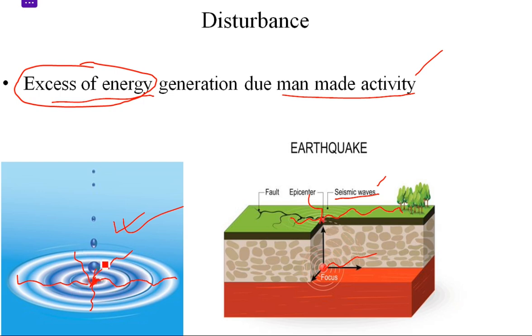Like we have seen in the form of ripples, the earthquake's seismic waves also move across the crust of the earth's surface. So every disturbance is generated, and the excess energy is transferred in the form of waves in all directions at the same speed. This is how nature tries to balance the excess energy which is generated here, right?